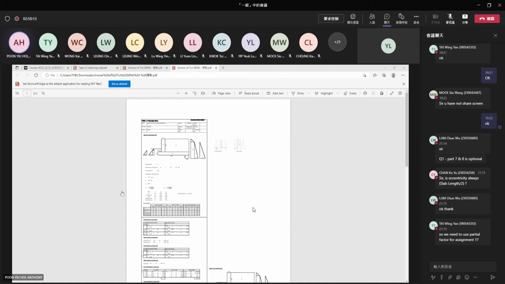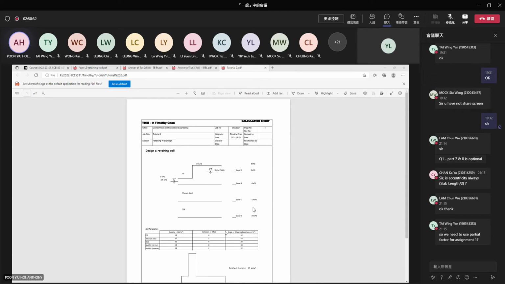Tutorial 2. 好，咁睇睇個 tutorial 2啦，好唔好？同學有冇特別騷擾我嘅？So we'll perhaps look at the tutorial 2 first.